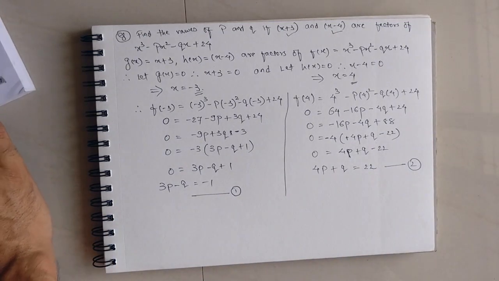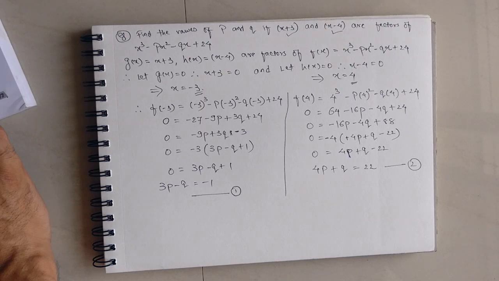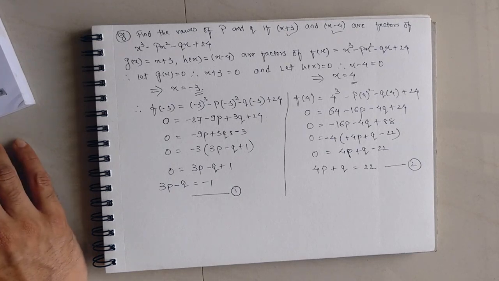So our two equations are 4p plus q is equal to 22 and 3p minus q is equal to minus 1. Perfect. Now we have to solve these two equations. Do you remember in class 9 we have studied how to solve linear equations in two variables, or simultaneous linear equations? Simultaneous linear equations are solved with the help of many methods.